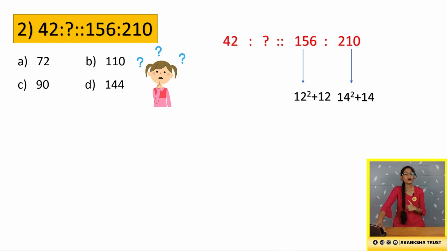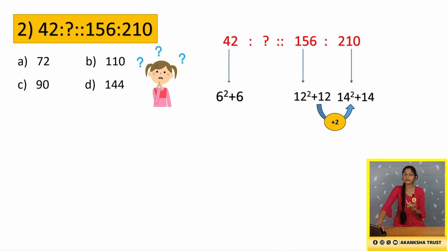Okay, 42. Can you identify a perfect square nearer to 42? 36, isn't it? So 36 is the square of 6. 6 square is 36, plus 6, adding the same number, you'll get 42.